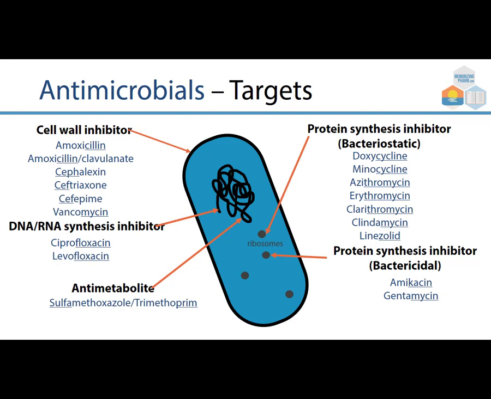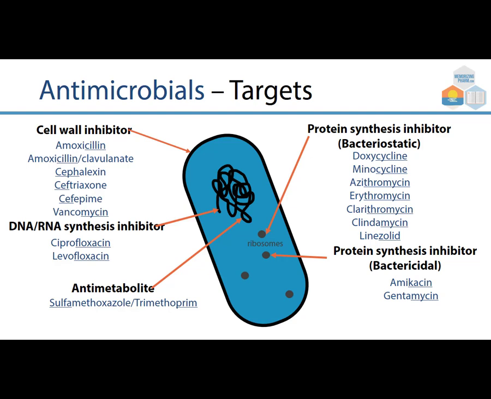And we'll talk about that later, but that's an enzyme bacteria produce to destroy the amoxicillin. Then cephalosporins: first generation cephalexin, third generation ceftriaxone, fourth generation cefepime. Vancomycin, which is able to work against MRSA. It doesn't have that beta-lactamase issue.